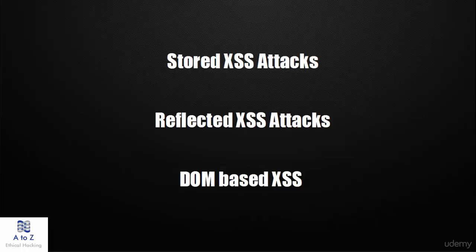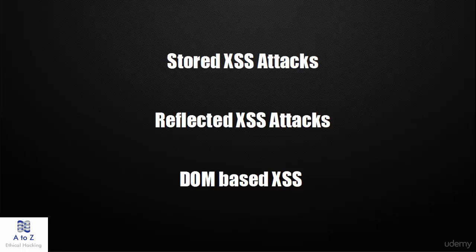And the third one, DOM based XSS. DOM based XSS is a form of XSS where the entire tainted data flow from source to sink takes place in the browser. That is, the source of the data is in the DOM, the sink is also in the DOM, and the data flow never leaves the browser.